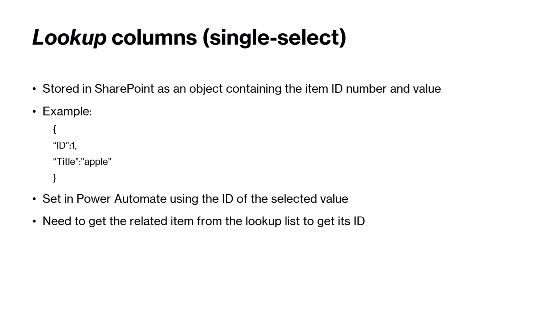Now, as I said, lookup columns in SharePoint make things possible, but they are more complicated because it's using another list or library in your SharePoint site as the source for lookup values or choice values in that column. This creates what are called linked lists or related lists in SharePoint, which is kind of cool.